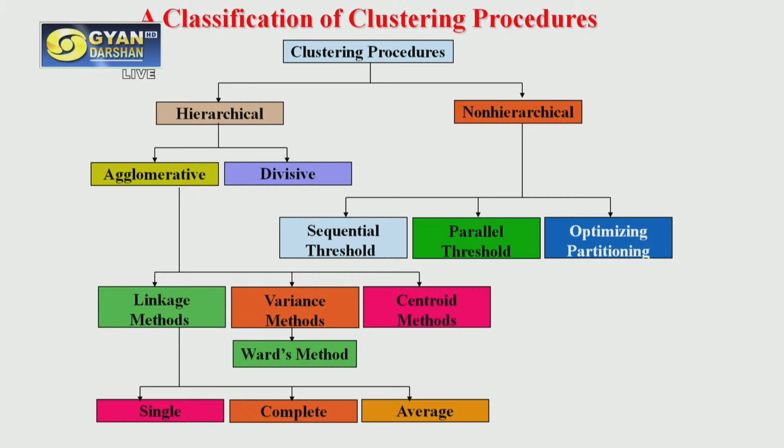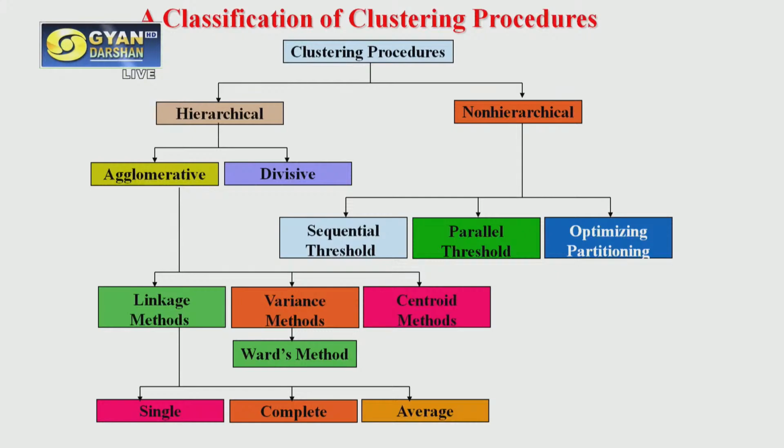In agglomerative clustering, one can use different approaches. We have linkage methods and variance methods. Basically, what we do is based on how close the two objects are between the clusters. In the case of linkage, we look at the shortest distance. In the case of variance methods, we look at the average of the clustering points.